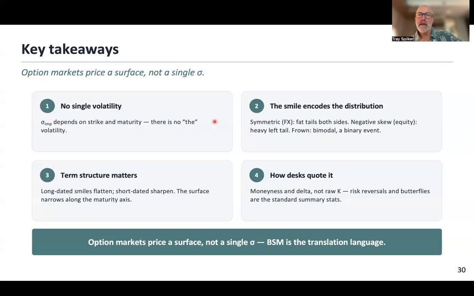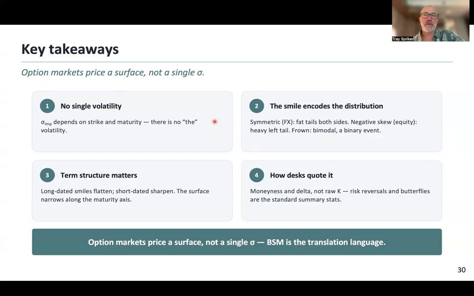For example, the equity skew is basically about crash protection after 1987. The foreign exchange smile, right, is talking about jumps and the volatility of volatility on both sides. A frown is an expected binary event. Each pattern has some economic content.